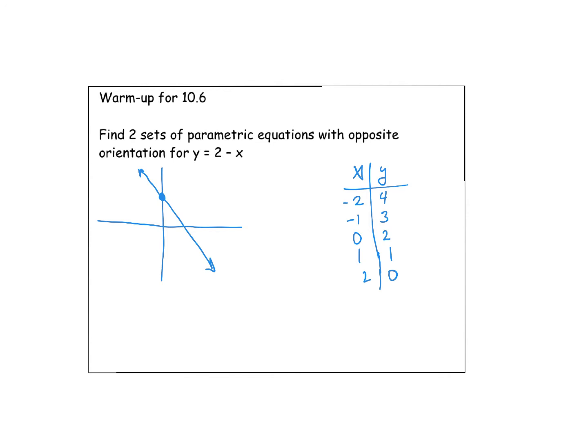So I said, well, what if we just messed with the positive and the negative a little bit? So what if we said, let x equal -t versus x equaling positive t. If x equals -t, then y equaling 2 plus t would give me that same line, right?